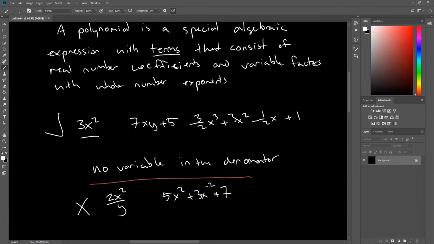Now, keep in mind, when we have a negative exponent, we're going to get into that later. Let's not use that for now. This is not a polynomial because the square root of x is also the same thing as x to the 1/2. And remember, we need a whole number exponent. So this would not be a polynomial. That makes sense?